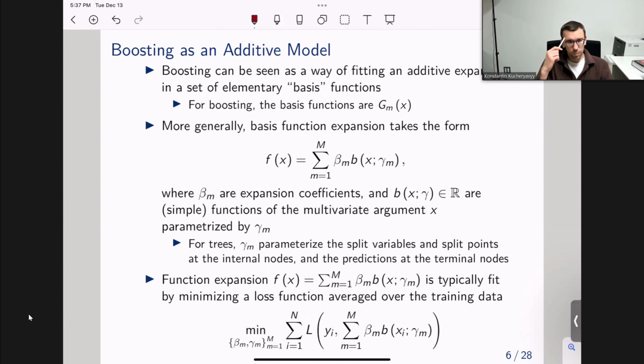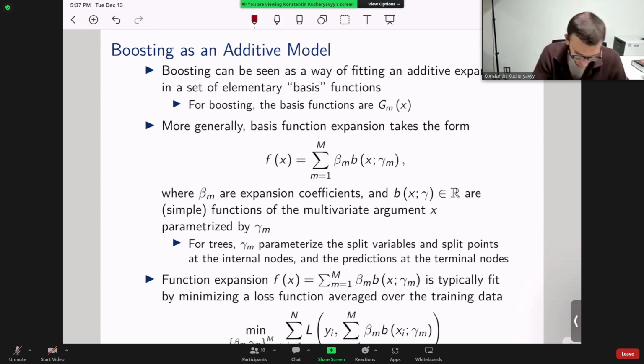So we can view boosting as a way of fitting an additive expansion in a set of elementary basis functions. For the AdaBoost that we have just considered, the basis functions are G_m.